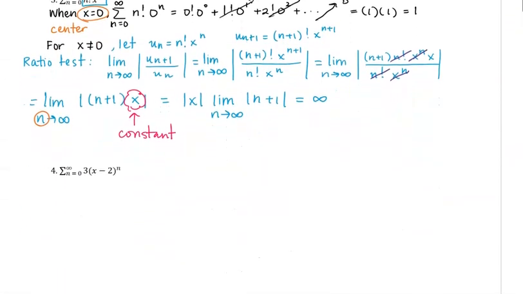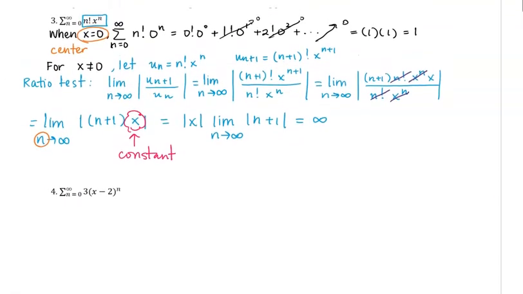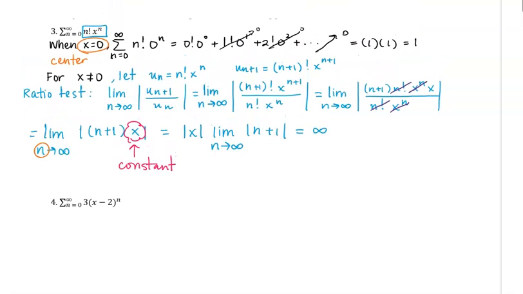So what that tells us is that our series diverges when x is not equal to 0. Another way to write that is it diverges if the absolute value of x is greater than 0. So we knew that when x is equal to 0, the series converges.